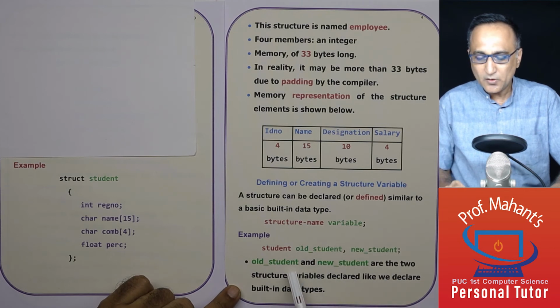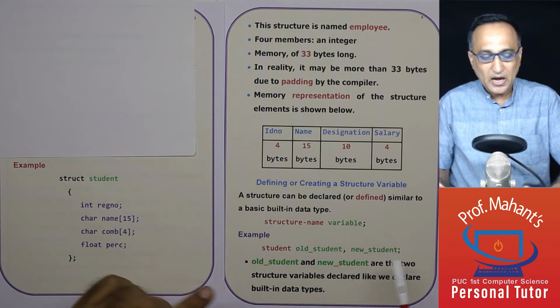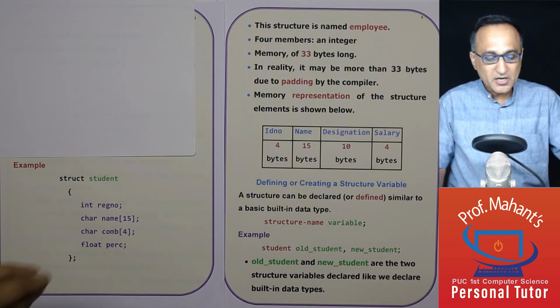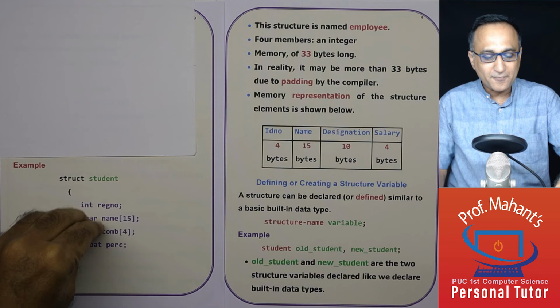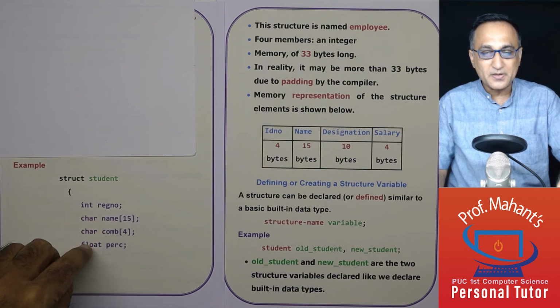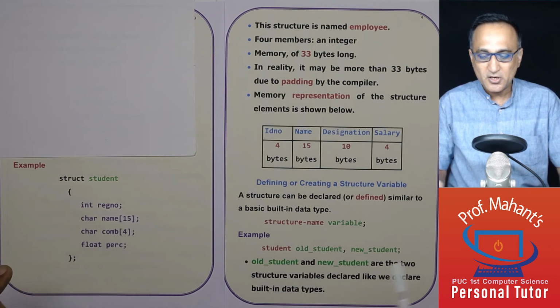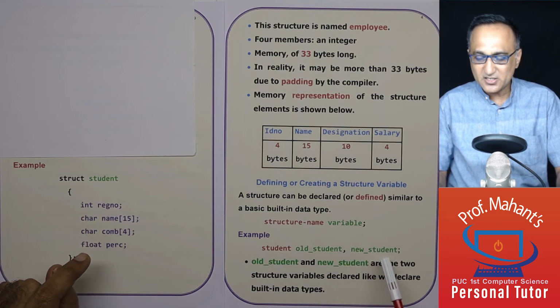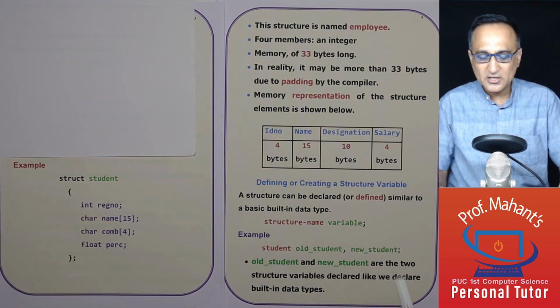So here old student and new student are two variables created by me which have these particular fields or members where I can store information. In one structure, old student, I can store all of these four. In the second structure, new student, I can store all of these four.